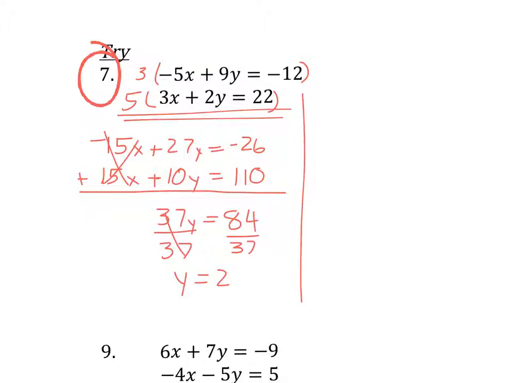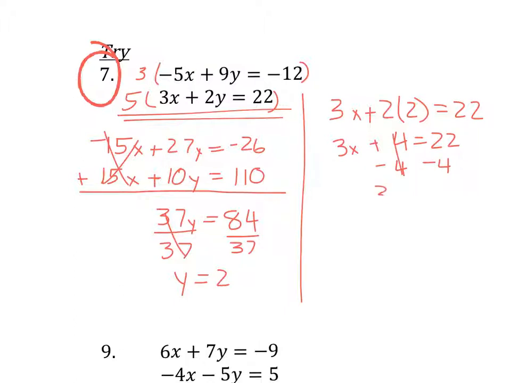I'll pick the bottom equation because I don't like negatives. So 3x plus 2 times y is 2 equals 22. 2 times 2 is 4. So I subtract 4 from both sides. So 3x equals 18. Divide by 3, and x equals 6. So my ordered pair is 6, 2.